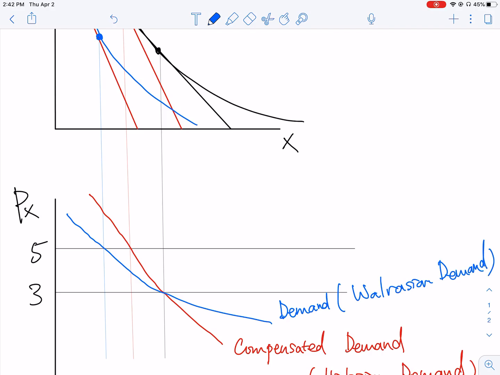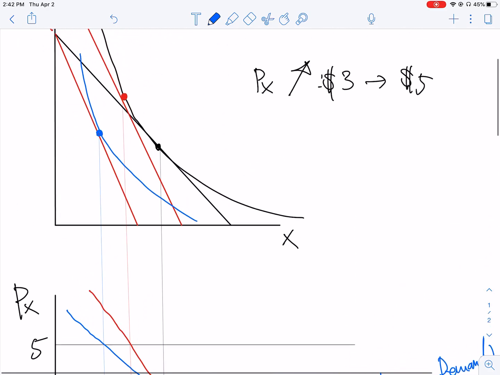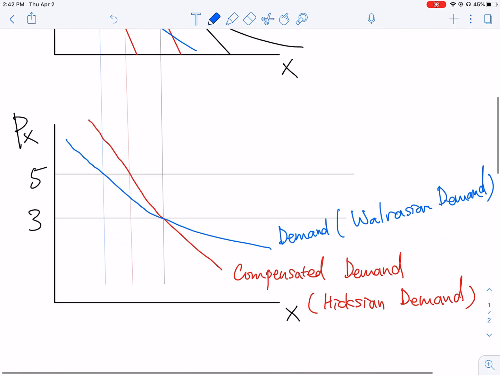So these are the demand curves. Here, the Walrasian demand curve is flatter than the compensated demand curve, right? So why is it flatter? What does it mean that a demand curve is flat?